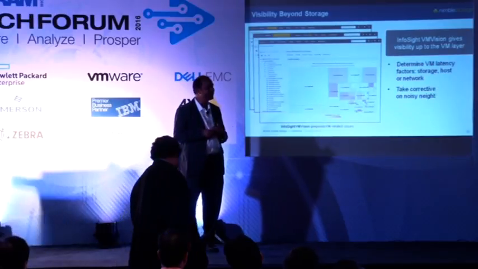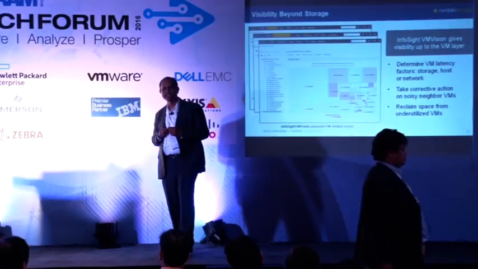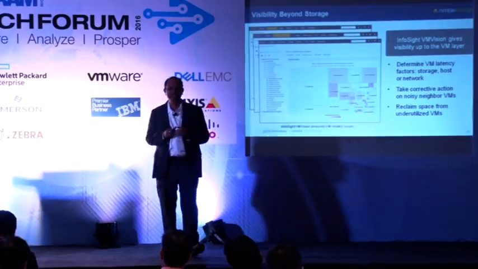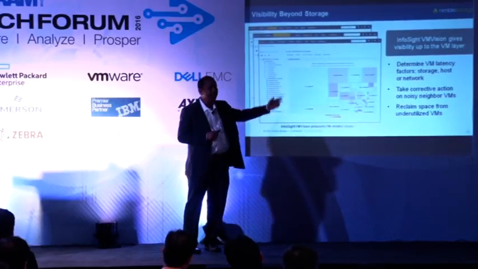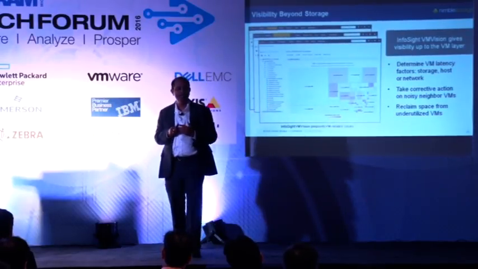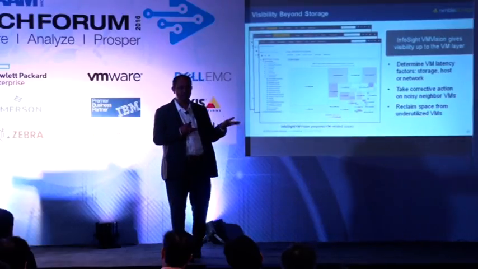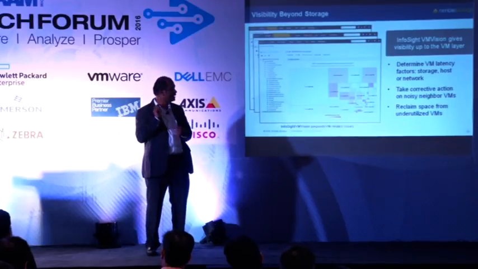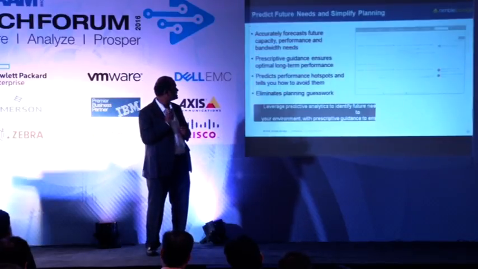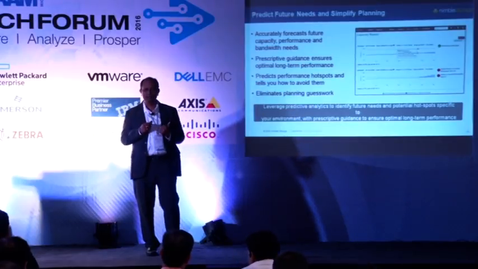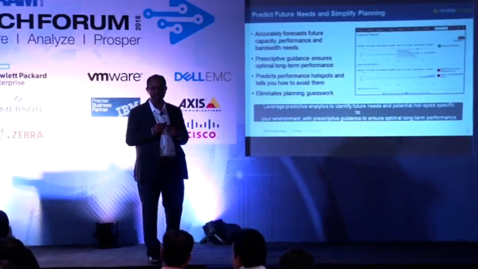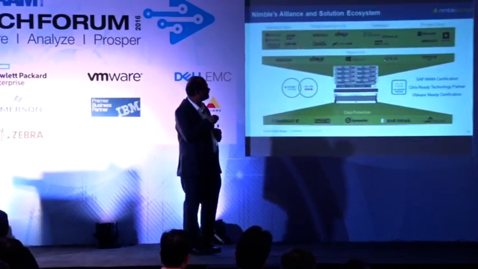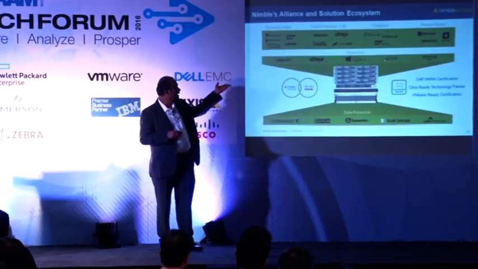We coordinate with the VMware vCenter, and we can understand which VM is showing high latency, and whether it is because of the storage, the host, or the network: exact correlation of it. I can do that. So I can forecast the future in terms of capacity, performance, and bandwidth. We work very closely with all these application vendors. We work very closely with hypervisors.